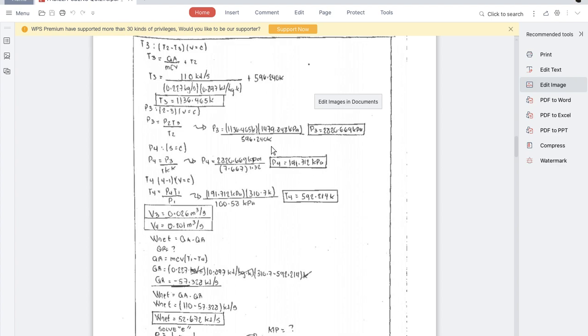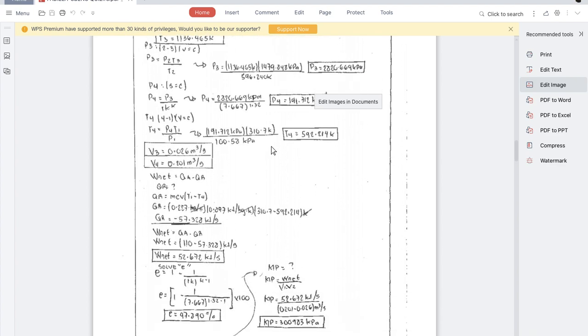QA is equivalent to 110 kJ per second over 0.227 kg per second multiplied by 0.897 kJ per kilogram K, plus 596.240 K. The final answer we solve for T3 is 1,136.465 K.